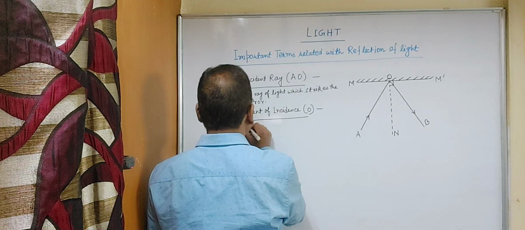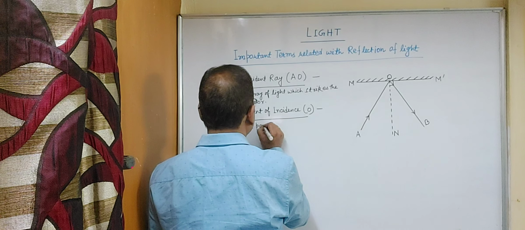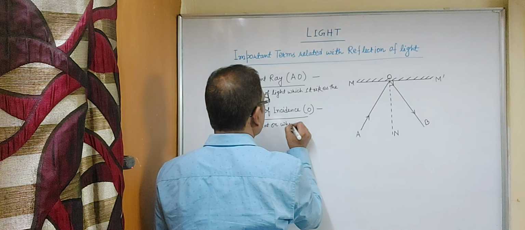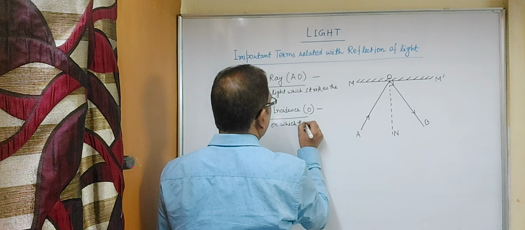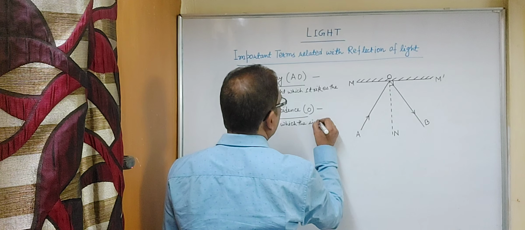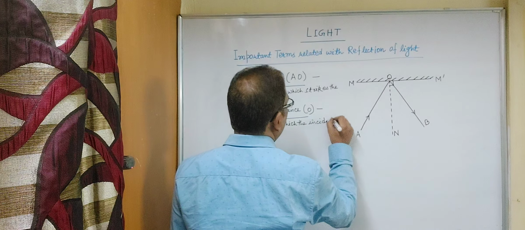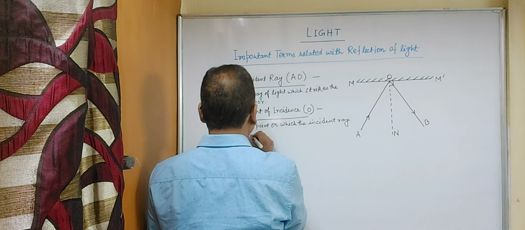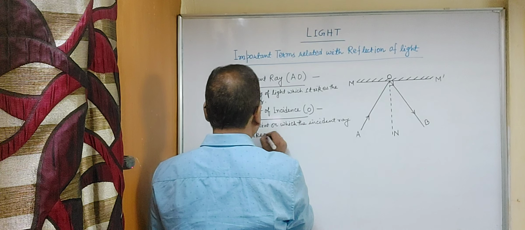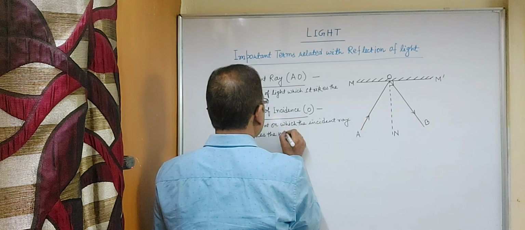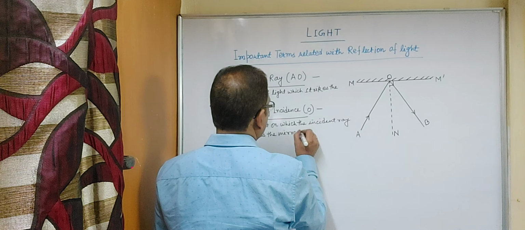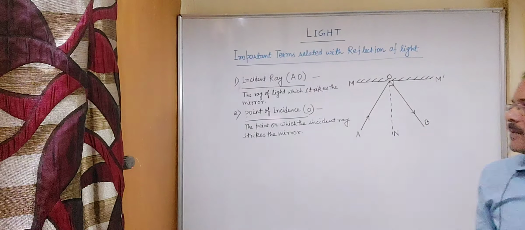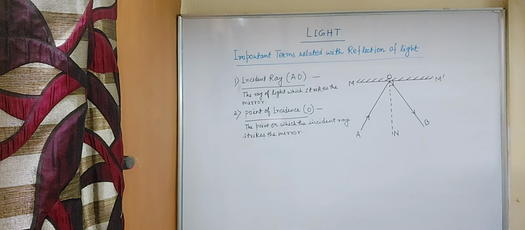So the point on which the incident ray strikes the mirror. So this is the point of incidence.